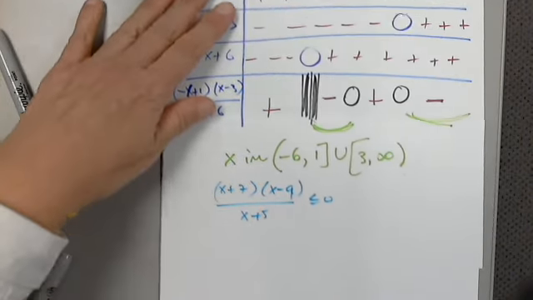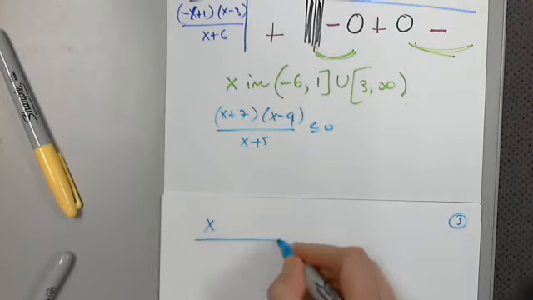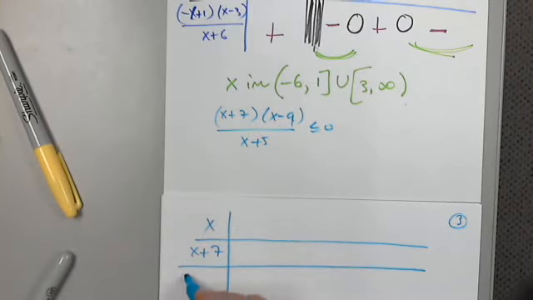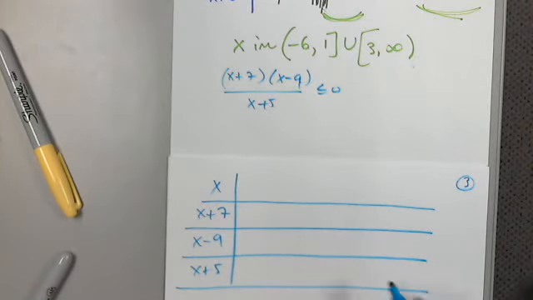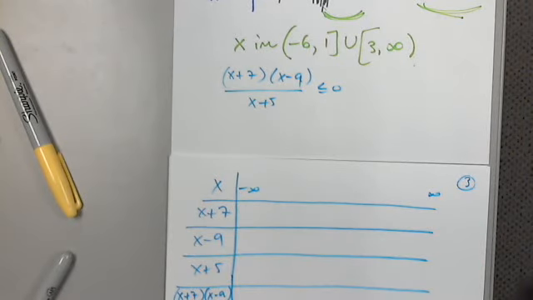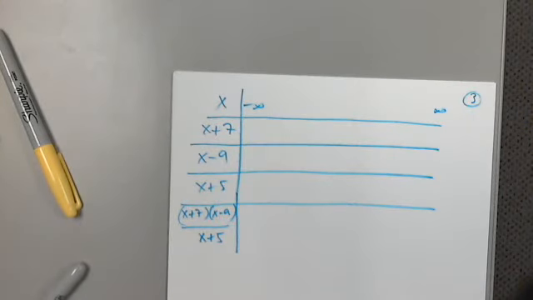How many factors? Should I wait? And the numbers have to be established before you put them in the table.